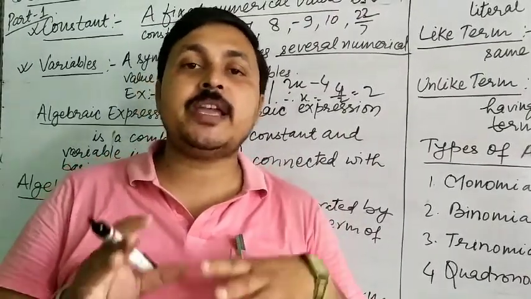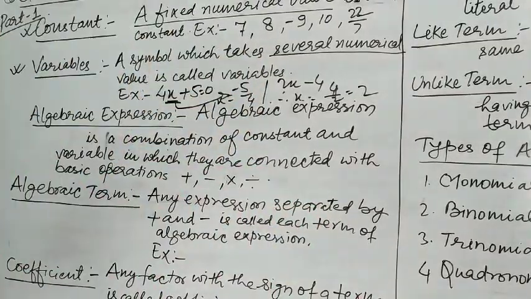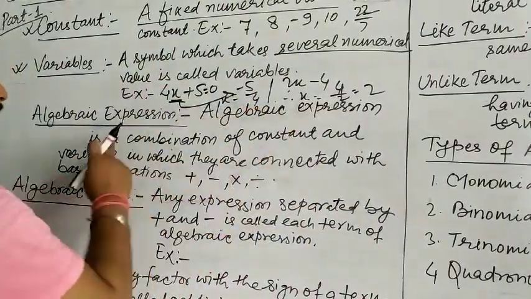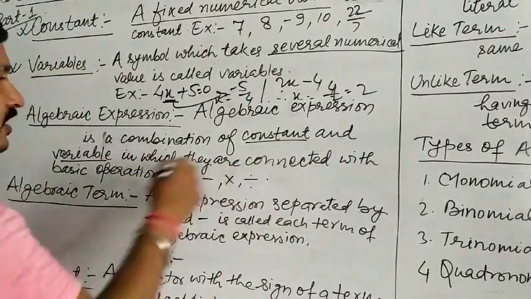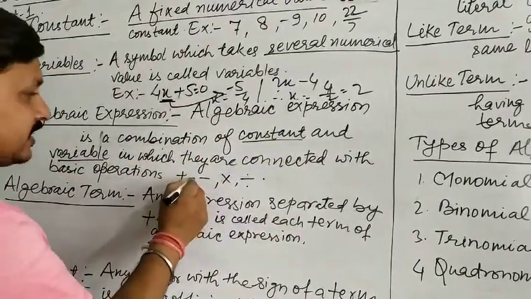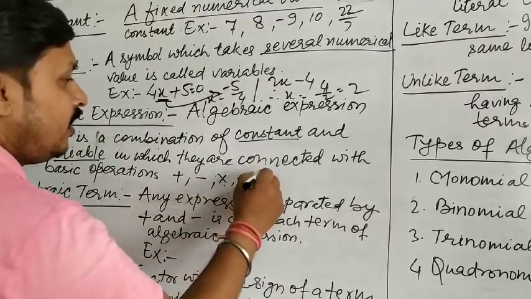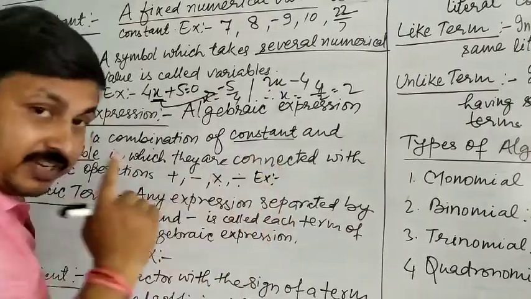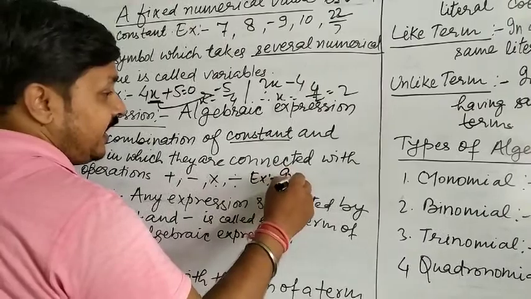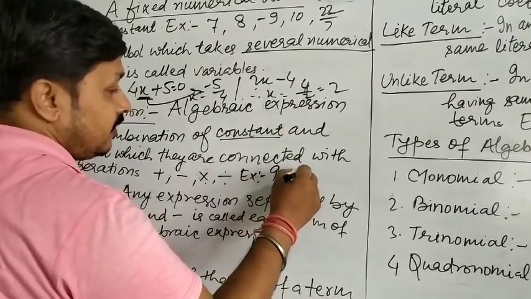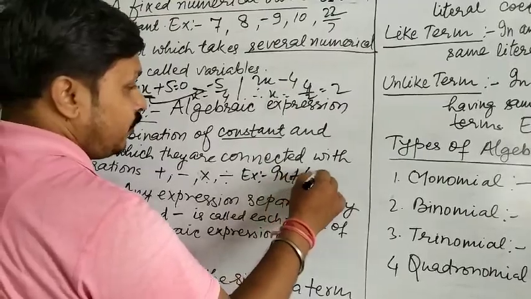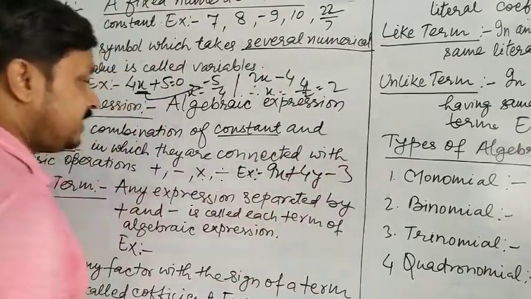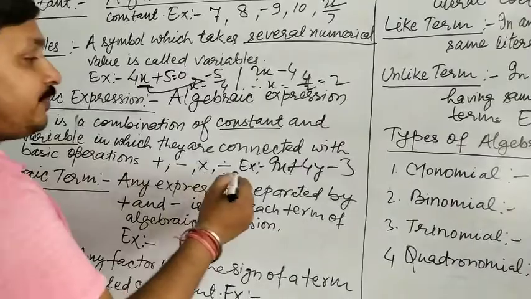So an algebraic expression is a combination of constants and variables connected with the basic operations plus, minus, into, division. For example, here we take 9x plus 4y minus 3. That is called the algebraic expression.